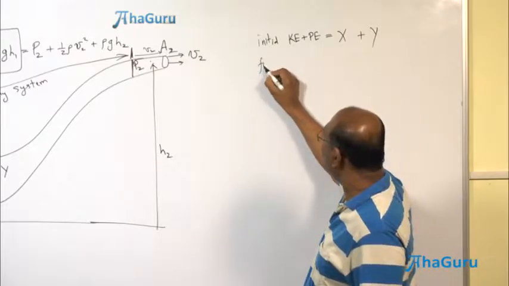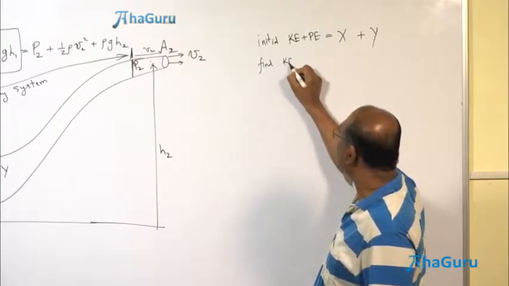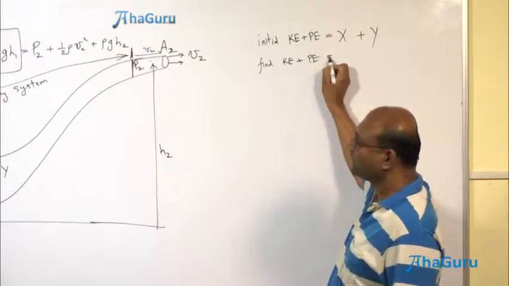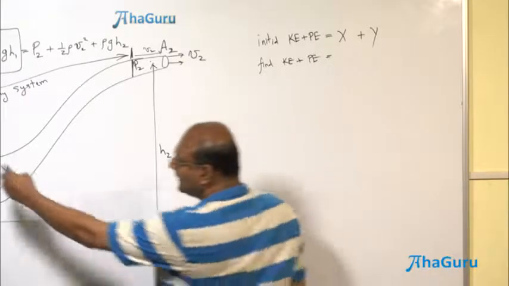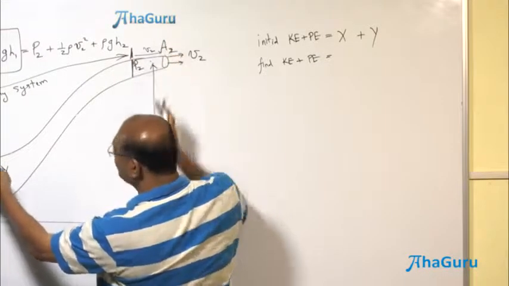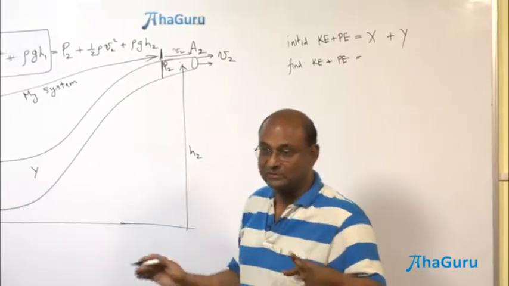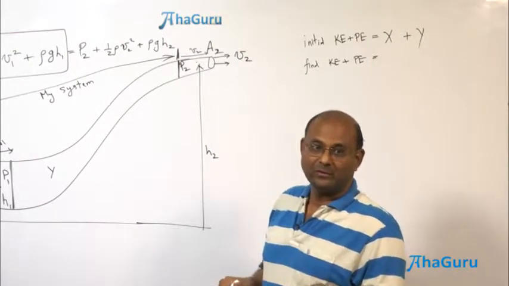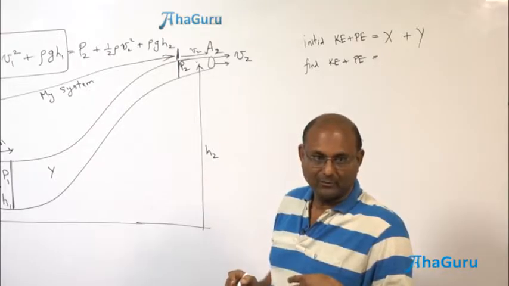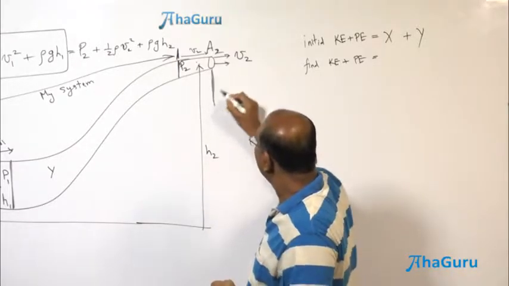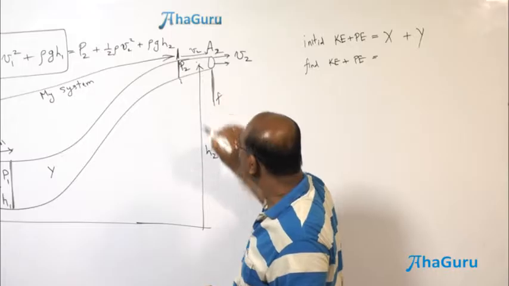Then if I want the final kinetic energy plus potential energy, what is that? Well, when this guy comes in, this fellow goes out. So where is my old system, after some time, in its new position? So this is the final, this is the initial, right?